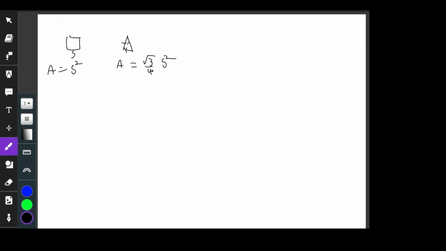For a semicircle, the area is equal to pi over 8 S squared. For an isosceles right triangle, the area is going to equal 1/4 S squared. By the way, this is when the hypotenuse is the base.